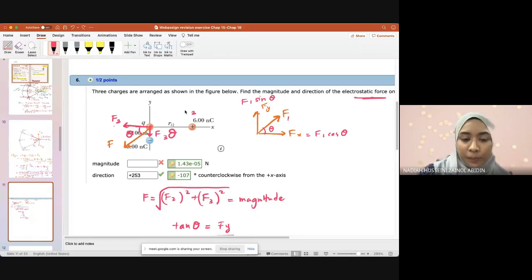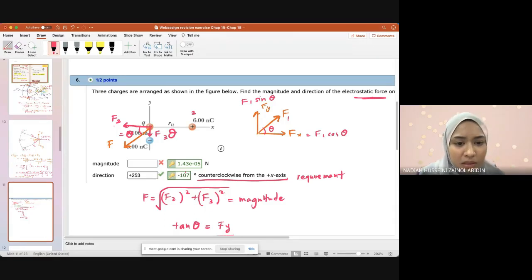Now, her answer is counterclockwise from the positive x-axis. It's asking you to find counterclockwise from the x-axis. This is a requirement in the answer. So it says, hey, find me the answer, but it needs to be counterclockwise from the positive x-axis. We have this answer.